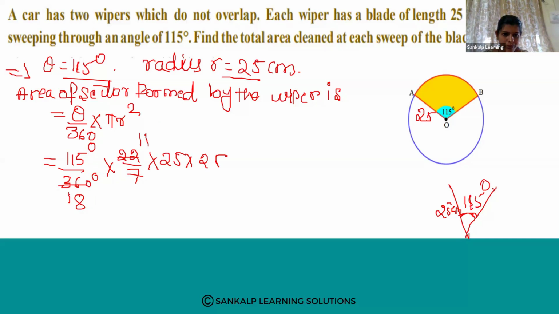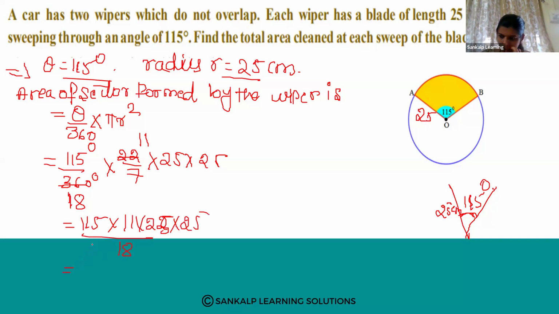Will anything else divide here? 3 6 18, 25 25. So this is all that remains. 115 into 11 into 25 into 25. So 25 into 25 is 625 divided by 18.